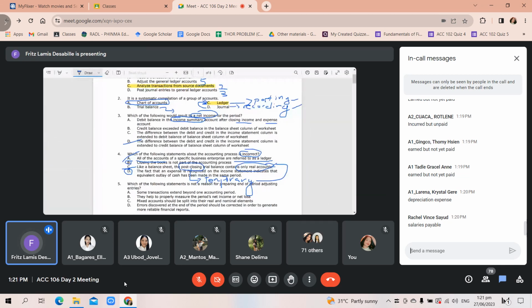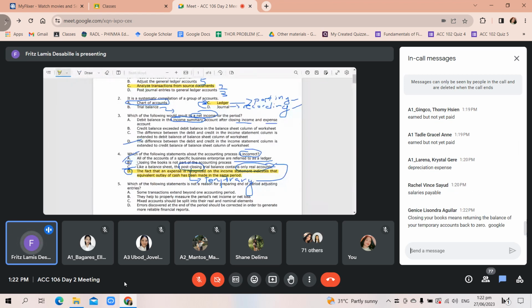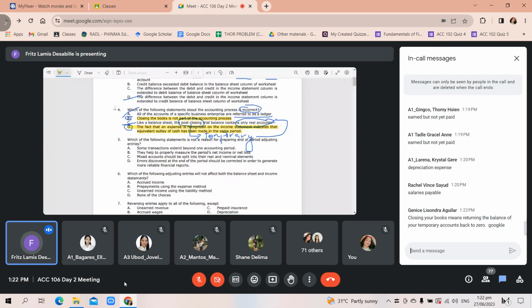Anyway, the answer here is letter D. There may be something in the wording of letter B, or maybe it is wrong, because closing the books or closing entries is part of the accounting process. So the answer is again letter D, but I'll clarify it next meeting.